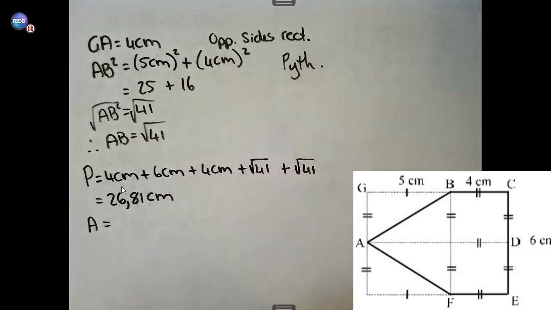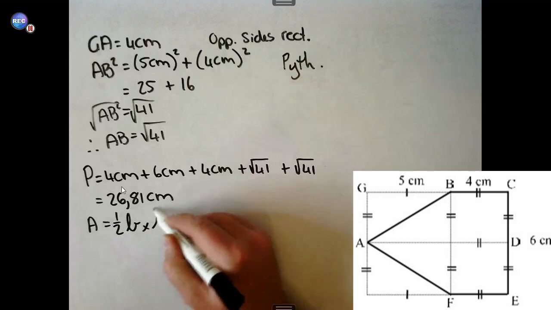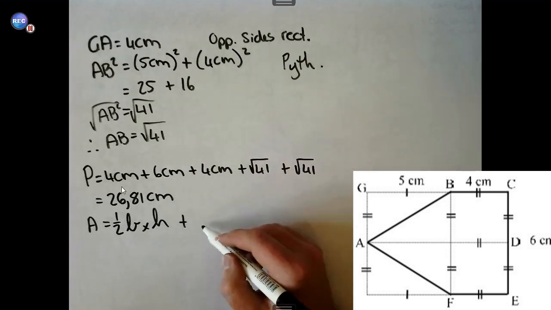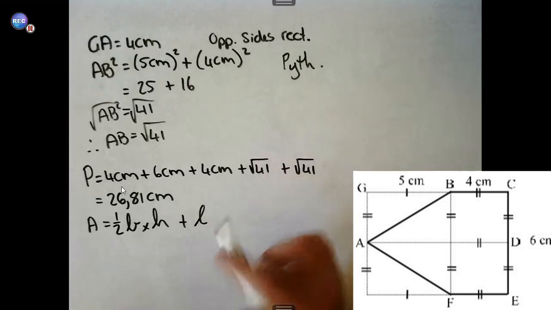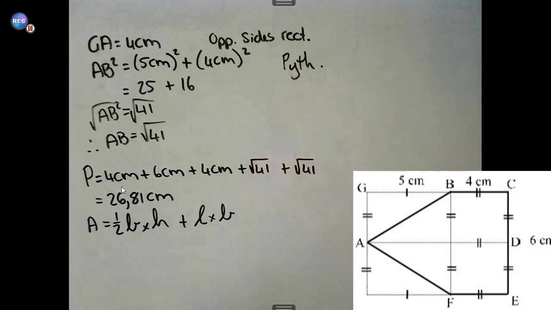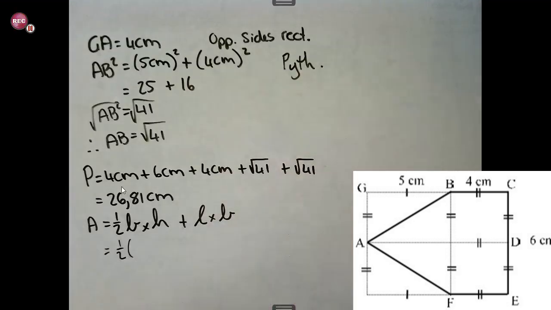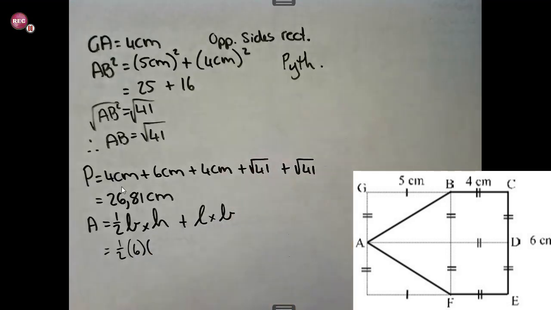A equals, the triangle is half base times height, plus the area of the rectangle, which is length times breadth. So half the base of the triangle in this case is 6 centimeters. The height was given to you, it is 5 centimeters.